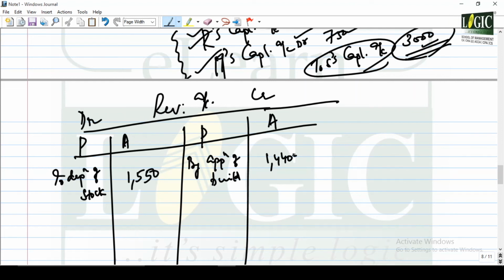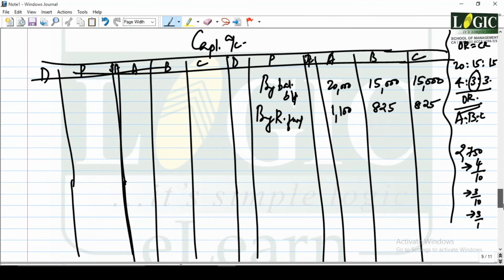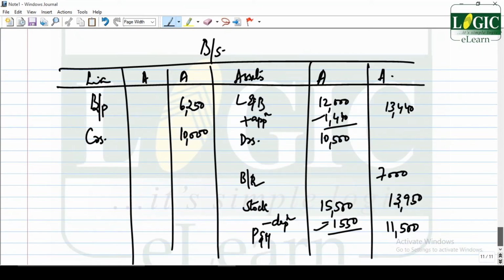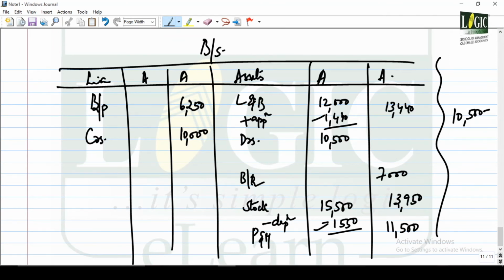Provision for doubtful debts is to be created up to 5%. Listen here. 10,500, and already 500 is there. Now we should see what 10,500 into 5 by 100 is. 5 5s are 25, so 525.